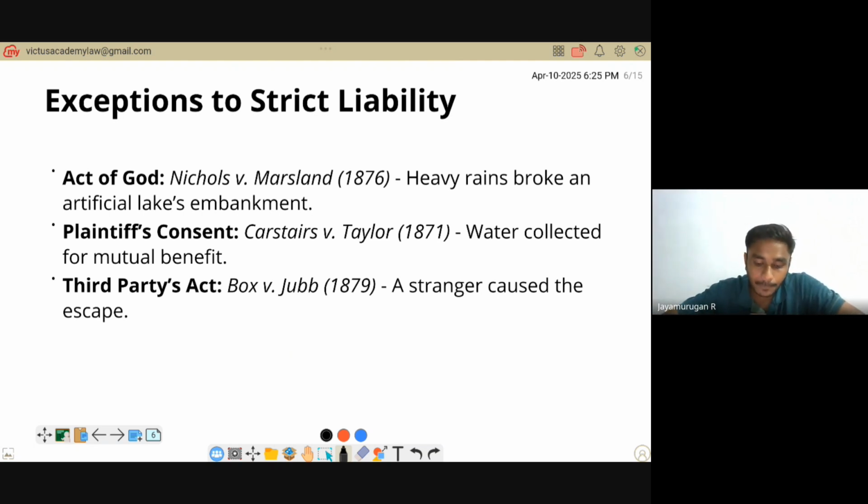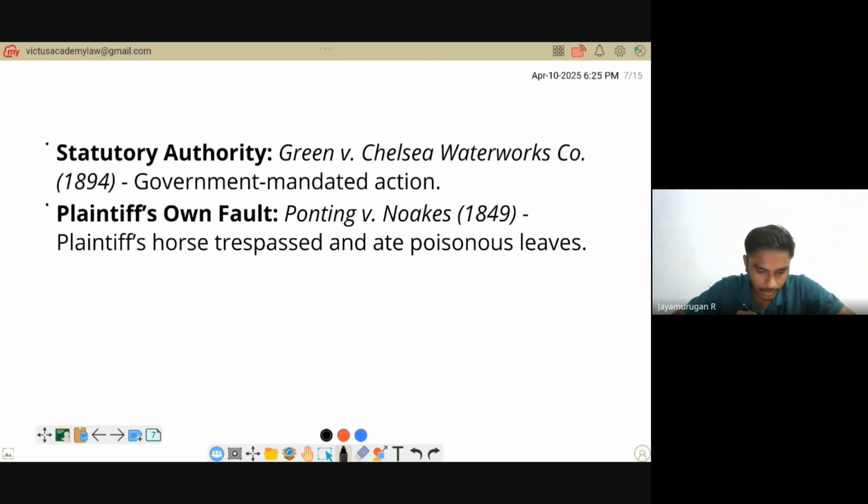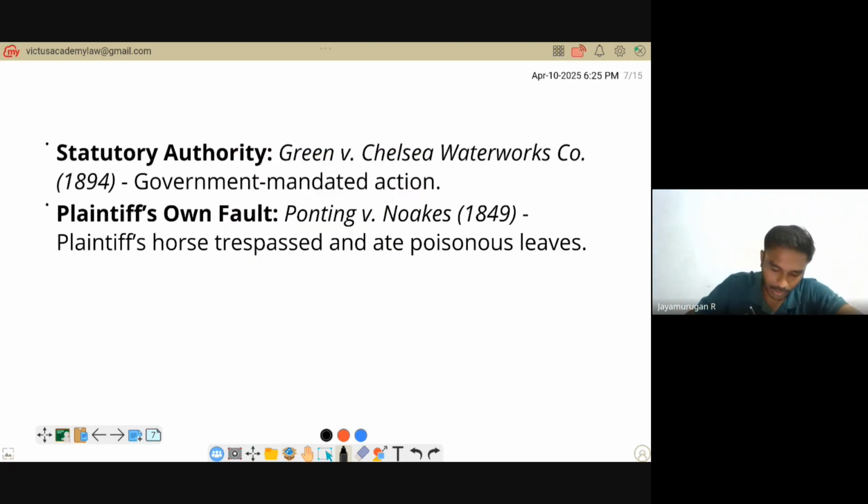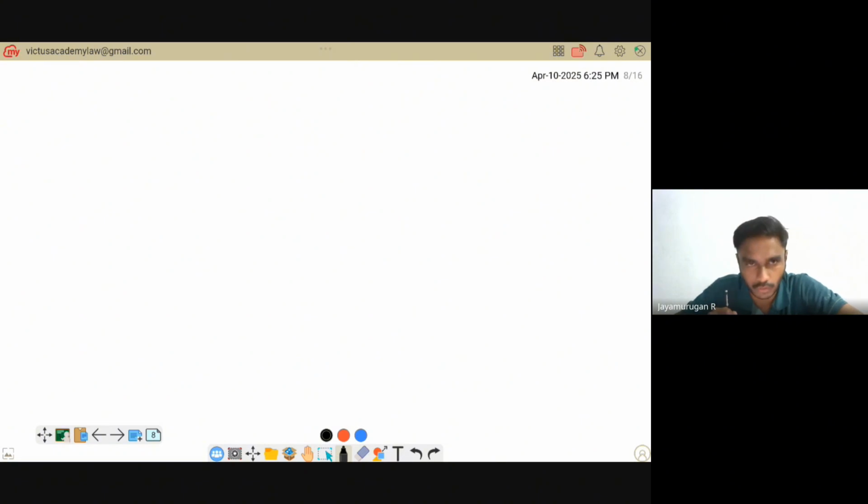Second one is the plaintiff's consent. Third one is the act of a third party. And there are two other exceptions, which are statutory authority and the plaintiff's own fault. Okay, so these are the defenses that the defendant could raise in the court of law to not be held liable.